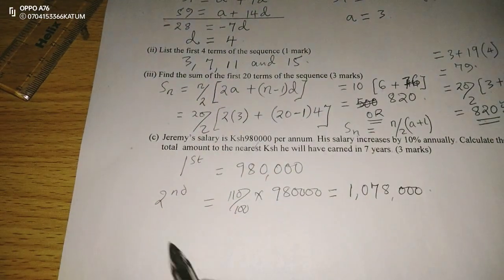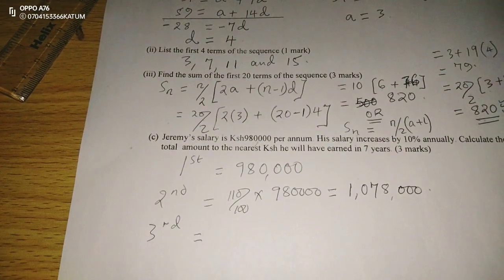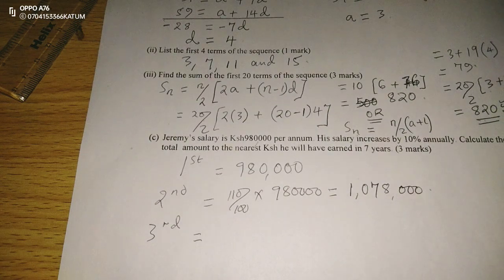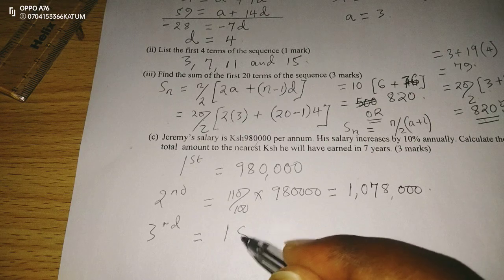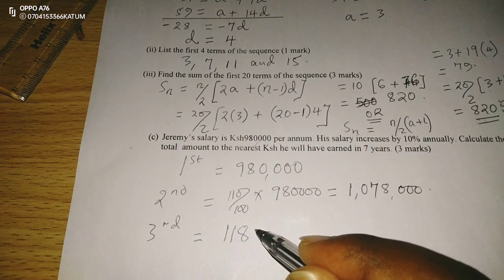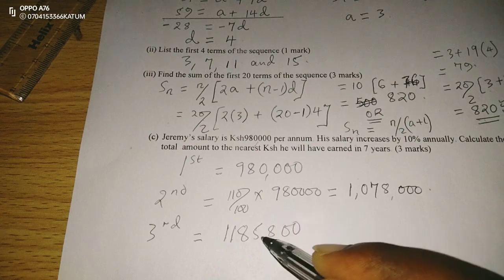We can have the third. The third is going to be when we multiply this one with 110%. So it becomes 1,185,800.